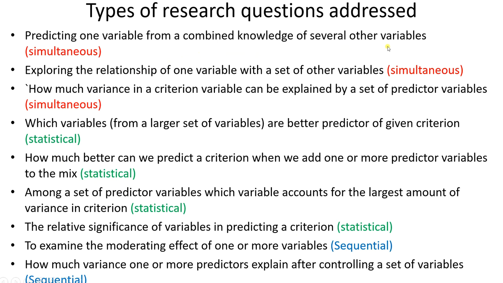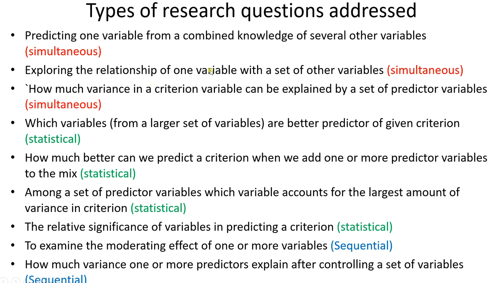So if you want to predict health based on the level of stress, lifestyle, social support, and say other variables, then we will perform a simultaneous multiple regression analysis. Why? Because we are interested in knowing the joint contribution of all these variables in predicting health.